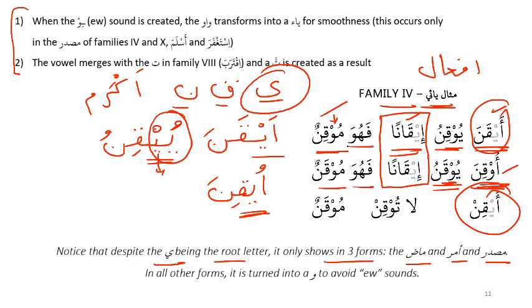In all other cases, since we have a dhamma, instead of a ya, we have a waw. And all this happens to avoid the u sounds.